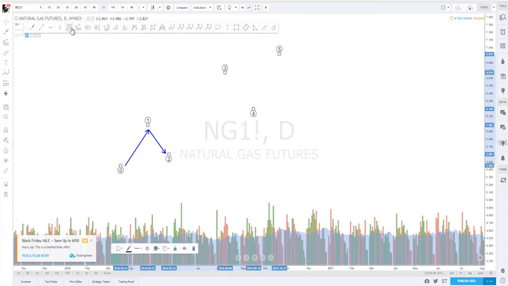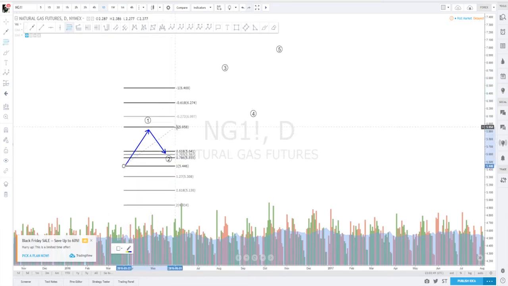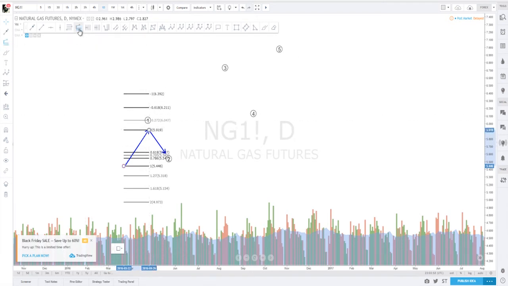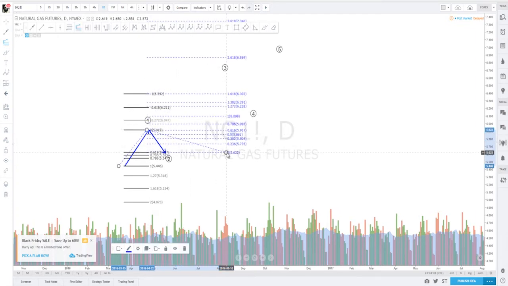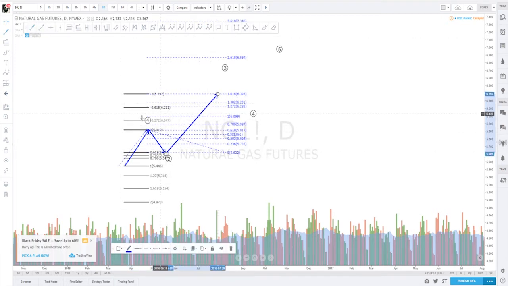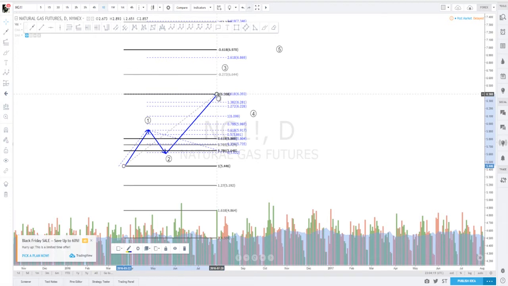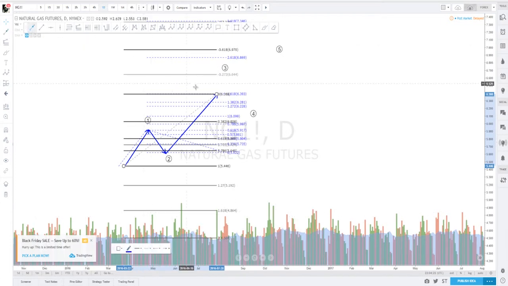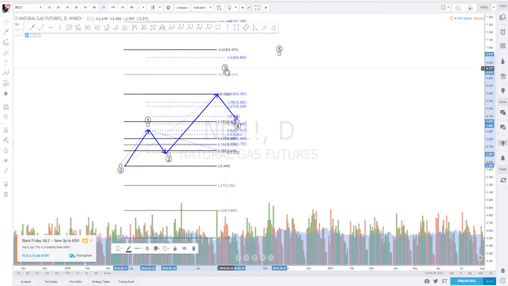The way I try to predict the movement is, the first movement I try to have it come over to the 61.8, and then the next movement I use the extension tool and I wait for it to go to the 161, and then I use this whole structure and wait for it to come to the 38.2. That would be your wave 4.